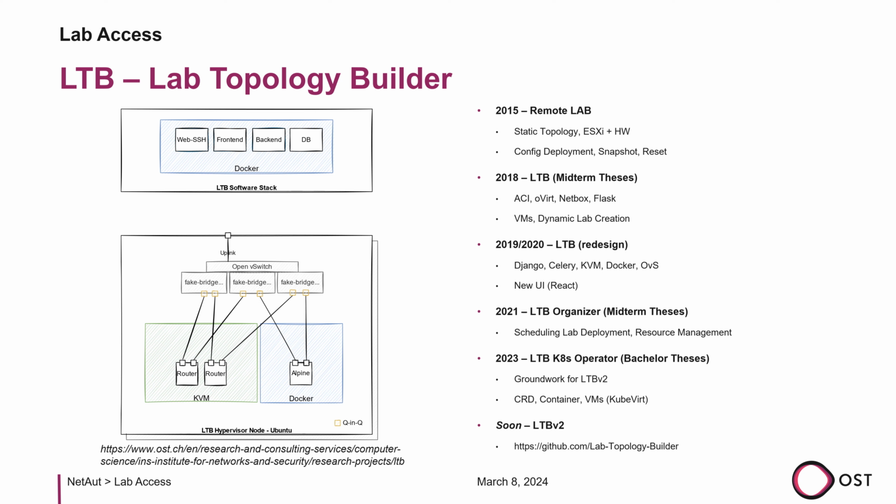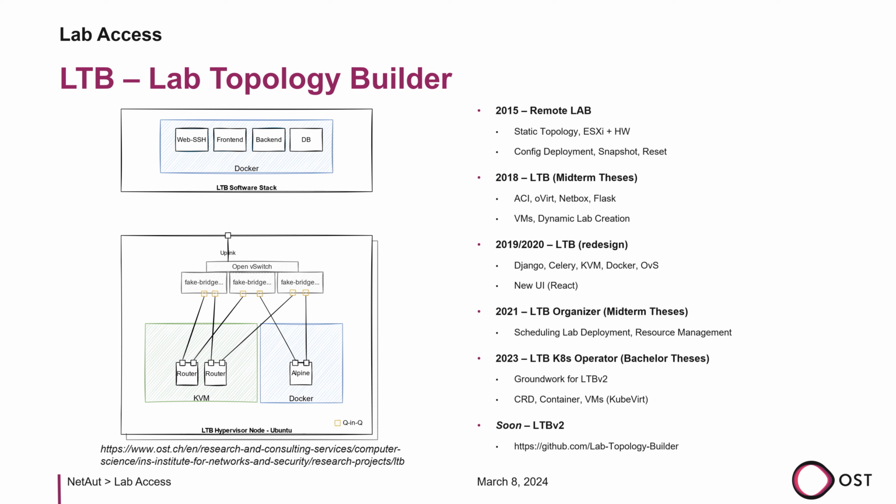In 2018, we then used 2 students to create the first version of the lab topology builder. In the beginning, we had technologies like ACI, OVS, Netbox, Flask, and we were able to deploy VMs and destroy VMs, kind of the basic features we have now.